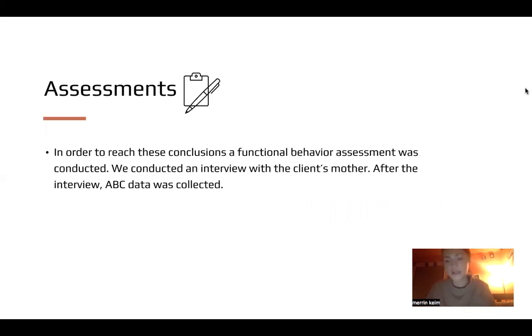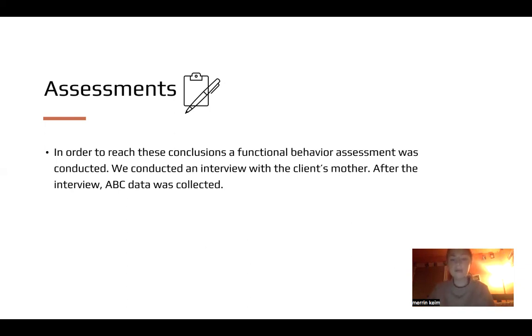So in order to draw these conclusions, assessments obviously had to be done. So a functional behavioral assessment was conducted. So within this functional behavioral assessment, an interview was done with the client's mother in order to obtain data and information on the client's behavior, and get an insight into what that behavior looked like and some possible information regarding it as a whole.